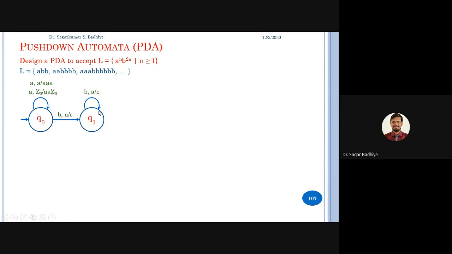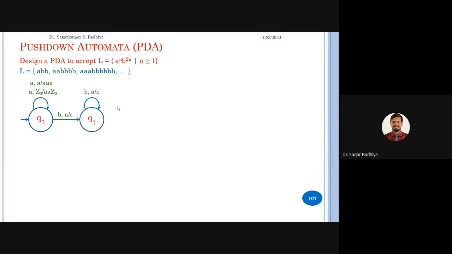So if there is a configuration that is Q1, the next input is epsilon and the top of the stack is Z0, this means that there are twice the number of B's as compared to the number of A's, because we have pushed twice A and we have popped those A's for the equal number of B's, right?